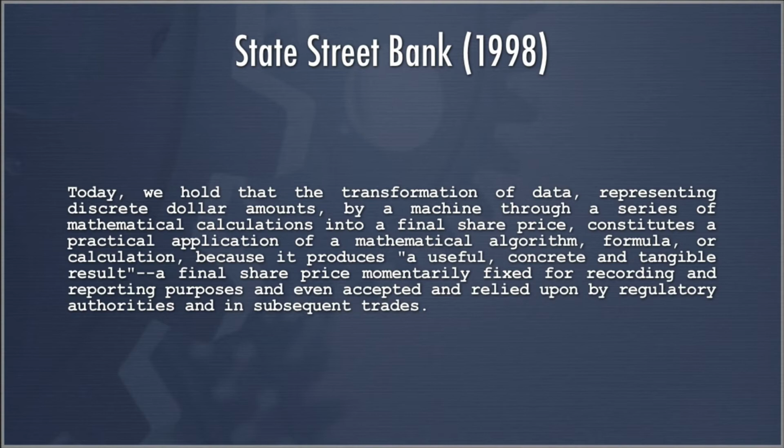And the court in State Street thinks that is certainly patentable, at least as a matter of Section 101. There could be other issues, 102, 103, even 112. But as far as the court's concerned here, this is fine, right?